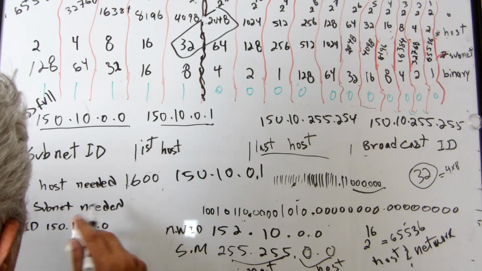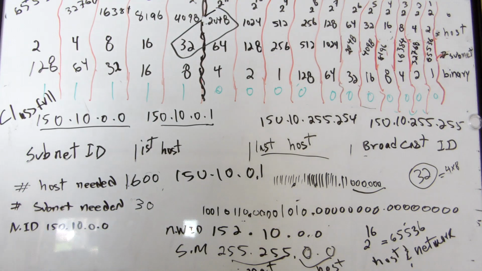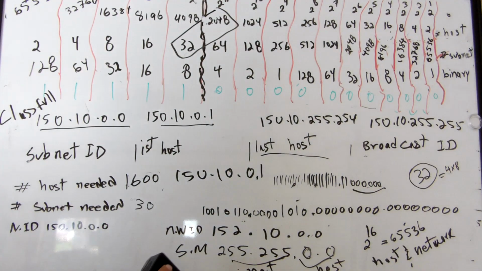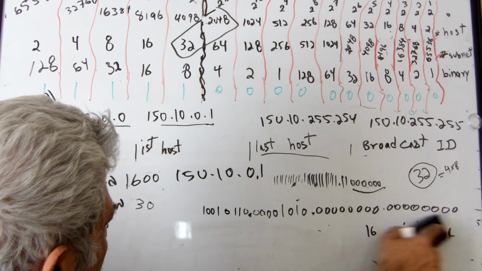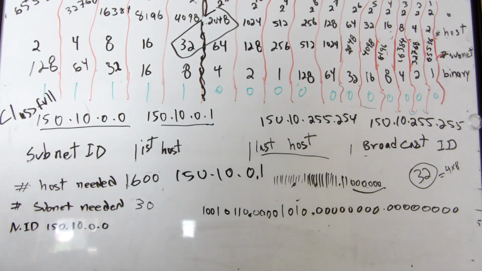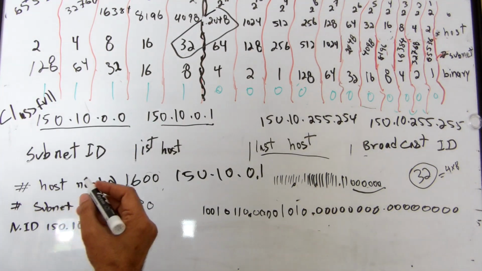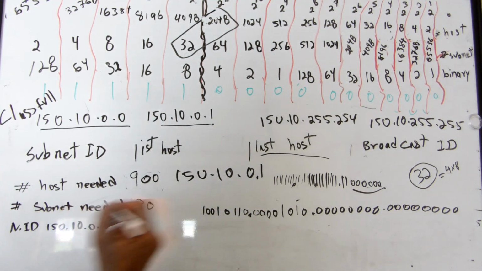And when you choose this one, for the number of subnets needed, if they say, for example, 900 hosts needed.